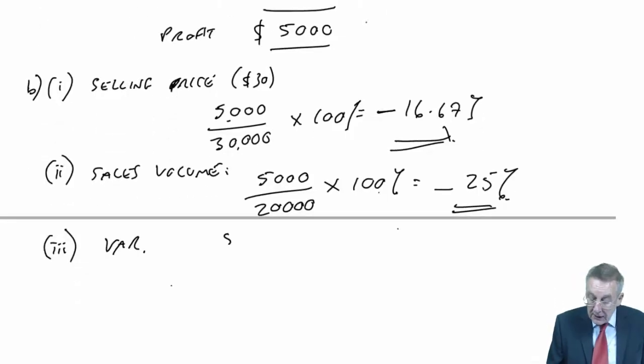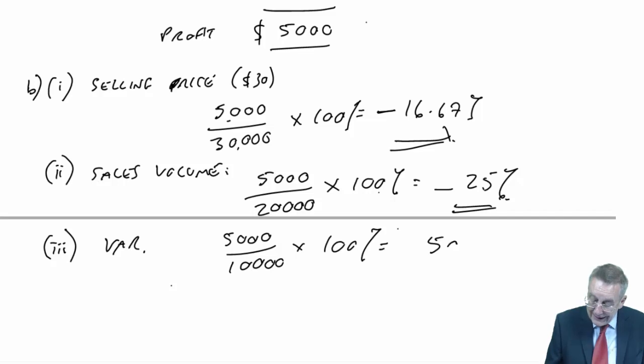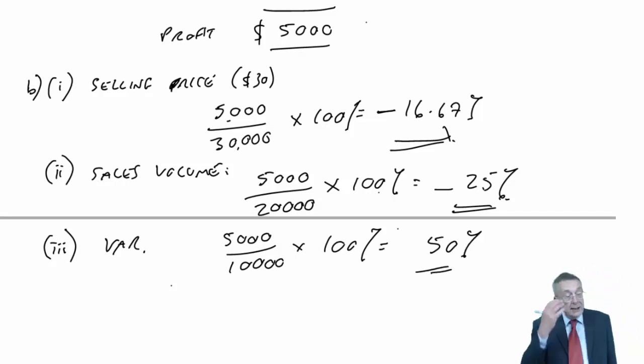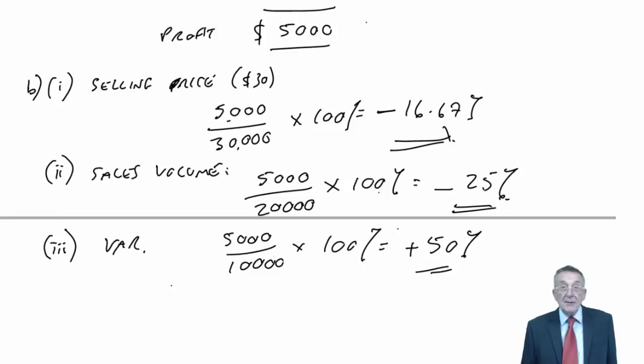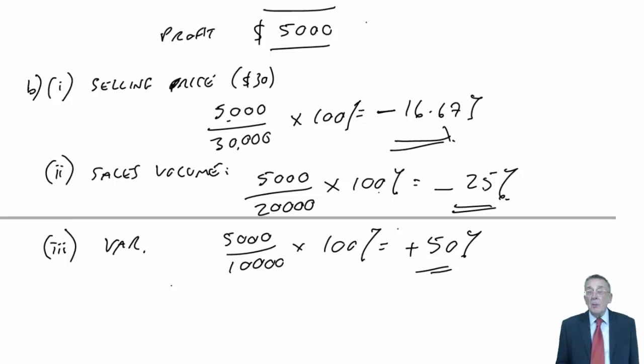And so the total variable cost, 5,000 on 10,000, is 50%. But here's where the sign again matters. With variable costs, surely, we've only got the problem if they increase. So strictly it's plus 50%. If variable costs fall, then we're even better off.